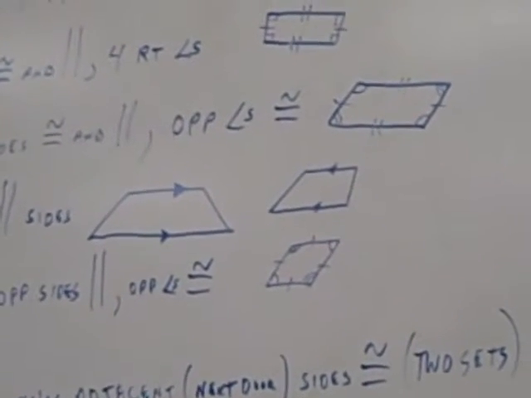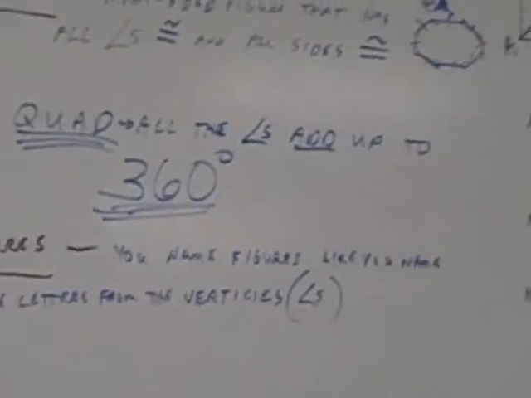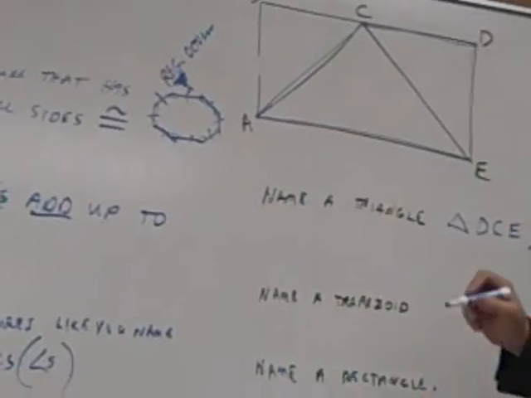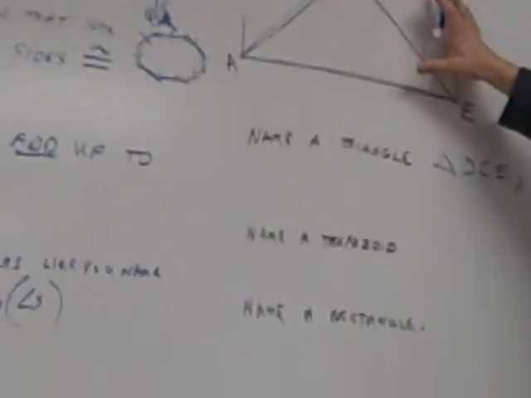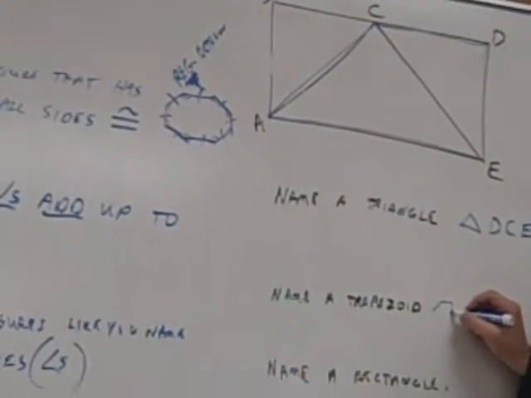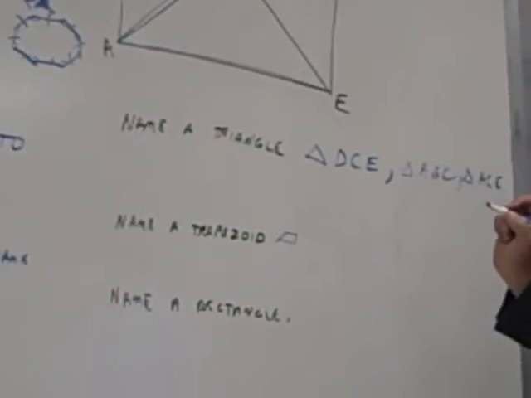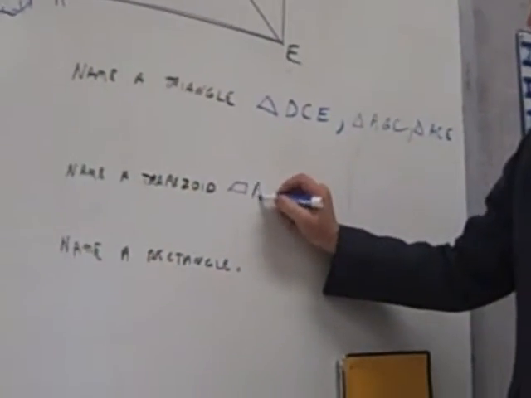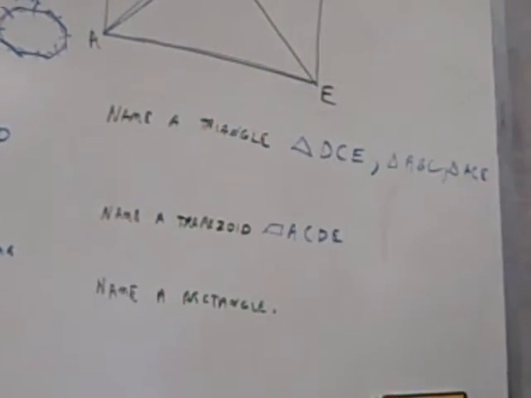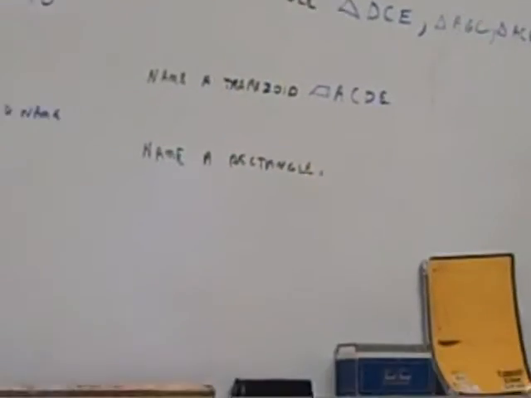Good job. All right, you went from A to C to D to E, and of course back to A. Did everybody see his trapezoid? So, I'm going to draw a trapezoid icon and he called it A, C, D, E. Everybody agree?